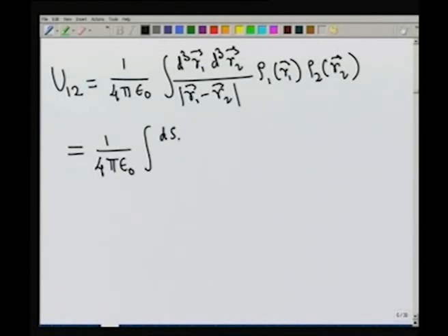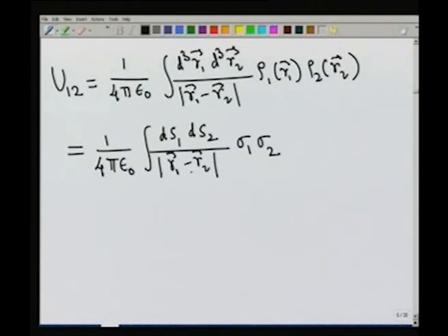Therefore, I will write ds1 ds2. These are indeed the surface elements. Then I have mod r1 minus r2 into sigma 1 into sigma 2. I have taken sigma 1 to be constant and sigma 2 to be constant. Therefore, I have ds1 ds2 over mod r1 minus r2.